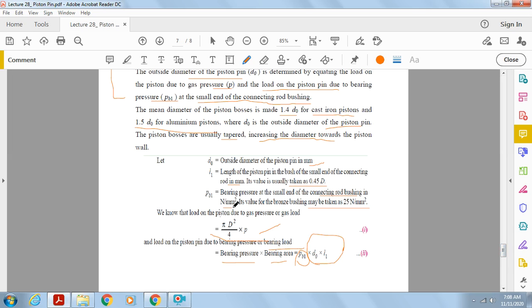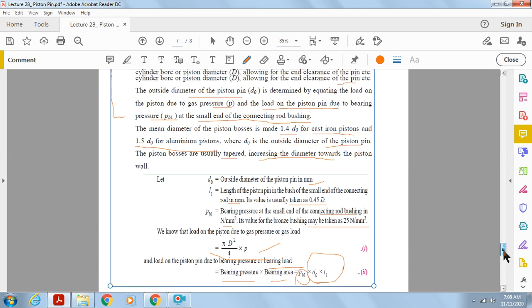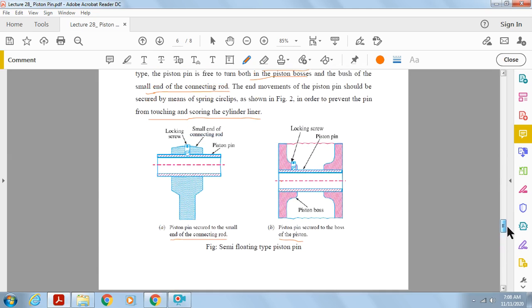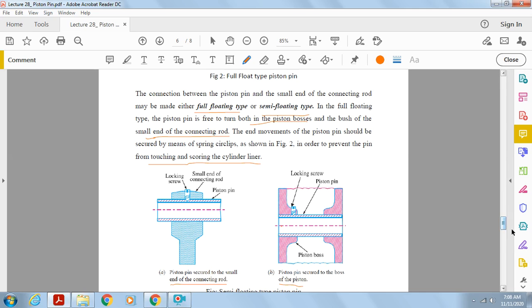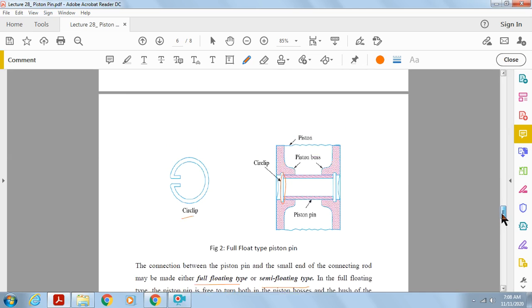The pb1 value, that is the bearing pressure value for the bronze bushing, is also mentioned, 25 Newton per millimeter square. These are the different data, along with the mathematical formulations, that are very much required to remember.